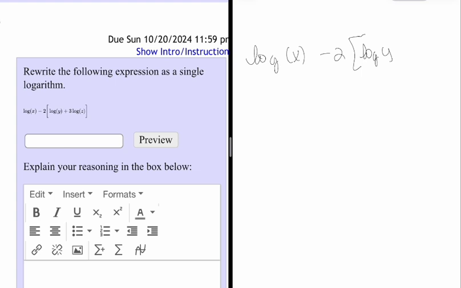Okay, so the first thing I would do is distribute this -2 to both pieces. So I'm going to get the log of x minus 2 times the log of y minus 6 times the log of z.